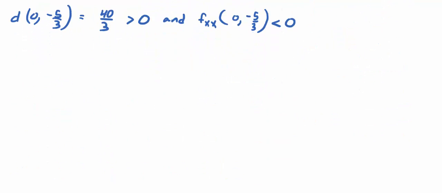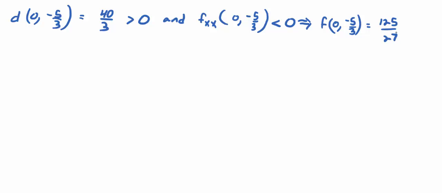So what? Well, that's less than 0, which means this critical value, 0, negative 5/3, actually corresponds to a local max. So that implies that f of 0, negative 5/3, which turns out to be, so go back to the original function, plug in 0 for x, negative 5/3 for y, and you will get 125/27.